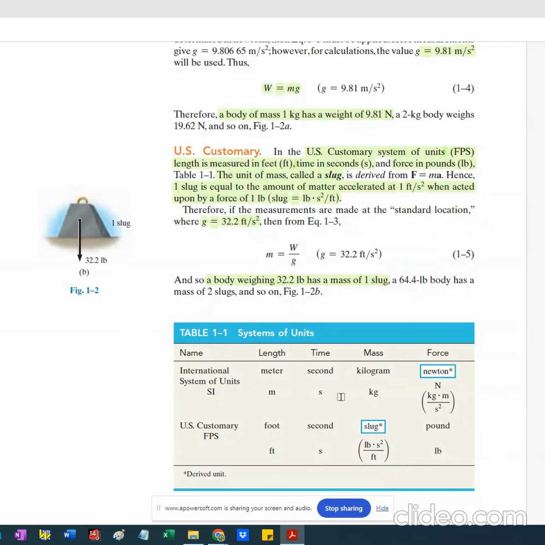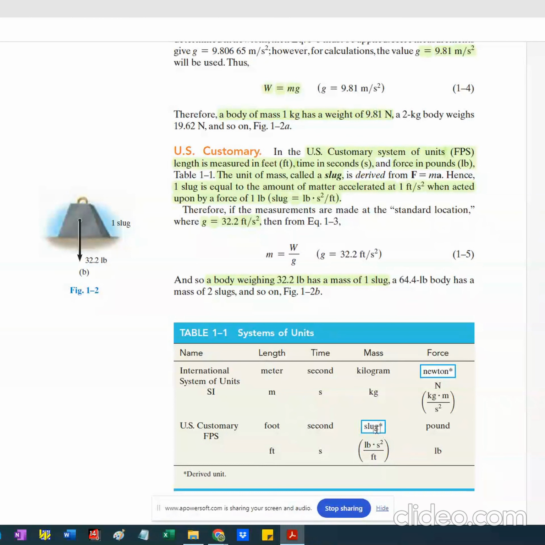For SI units, we have, like I said, meter, second, kilogram, that is length, time, and mass, and force is a derived unit using Newton's second law. Okay, so in order for Newton's second law to be defined in terms of mass times acceleration, we use for mass in US customary units, English units, mass in slugs.